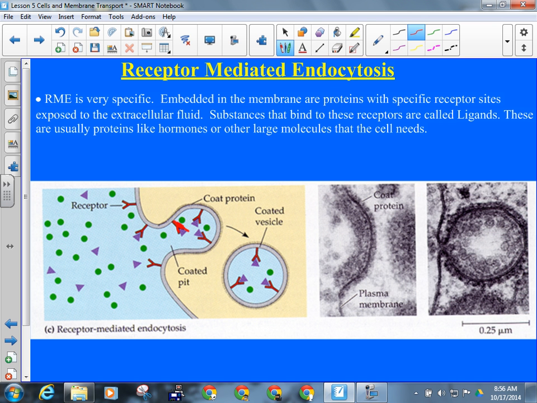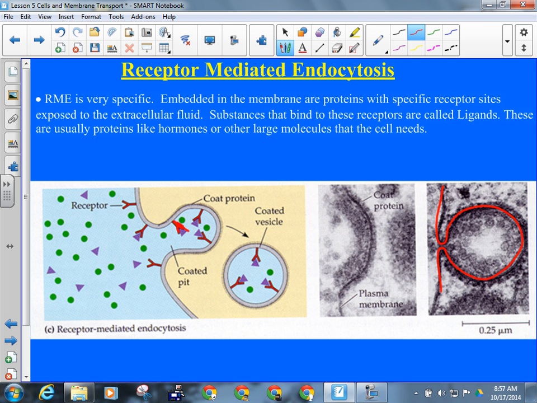And so the cell will invaginate its membrane and fold it in, and then it will pinch off that vesicle, and so you'll have this bubble that then travels into the cell that contains that particular protein or enzyme or hormone or whatever it was that it absorbed, and it'll go directly to where it needs to go. Everybody with me there?